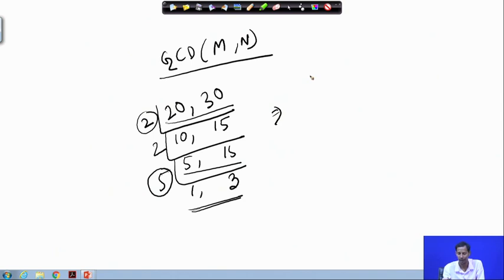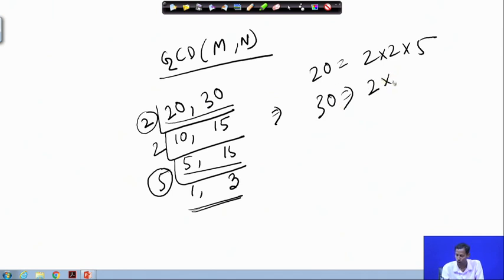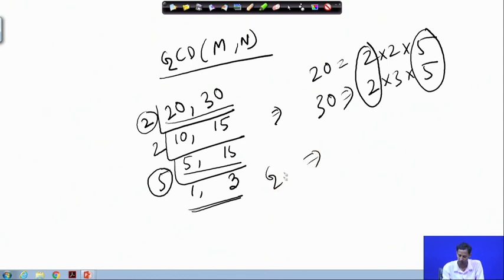Or else I can write 20 equals 2 into 2 into 5, that means 4 into 5, and 30 as 2 into 3 into 5. Then what are the common factors among these two numbers? That are 2 and 5. So, the GCD value is 2 times 5, that is 10. So, 10 is the greatest number which can divide both 20 as well as 30.